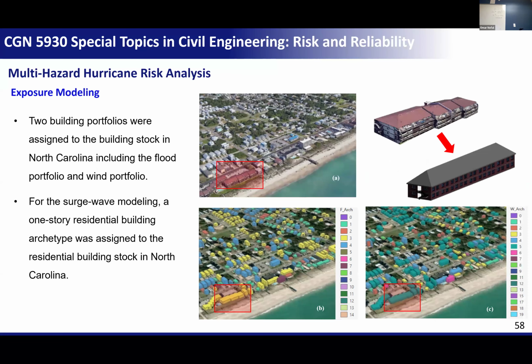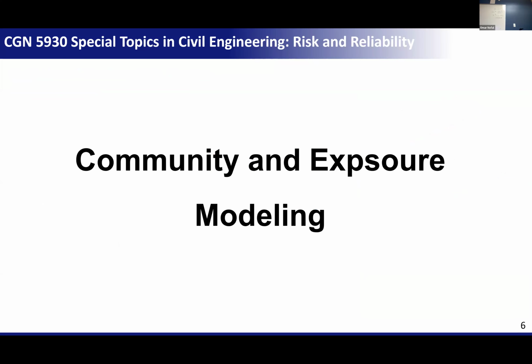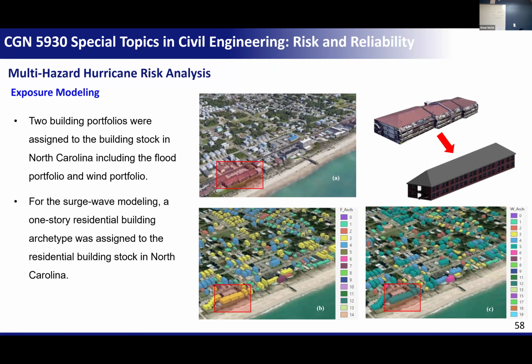All right, so the next thing after hazard is the exposure modeling, or the community and exposure modeling. So let's do community modeling first. If you guys remember last time, we developed archetypes to model the different building occupancies within the community, and we have a fragility function for each one of these archetypes.